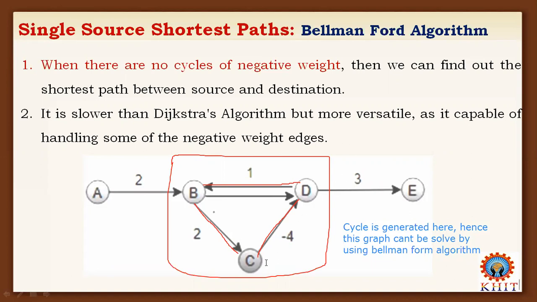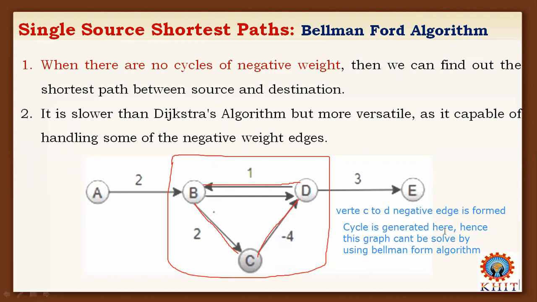Here there is a negative edge. C to D, there is a negative edge. So here we clearly observe that at vertices C to D, a negative edge is formed and a cycle is also generated.